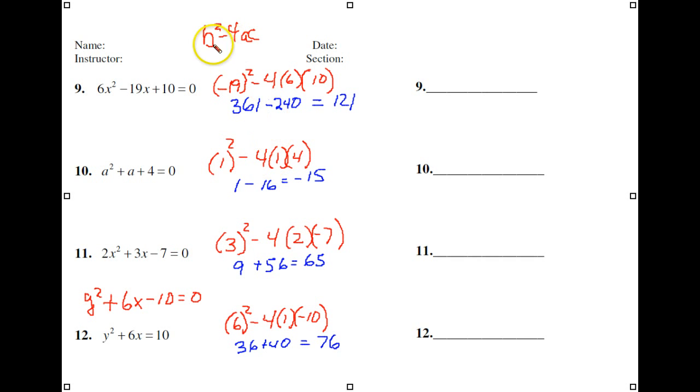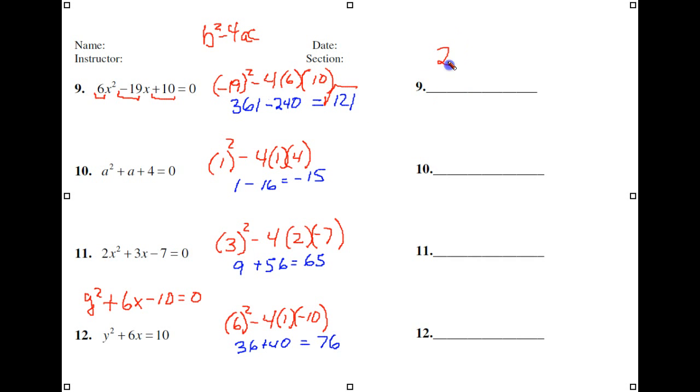And the pattern is to look at the discriminant and then carefully substitute from your formula in standard form. There's your b, there's your a, and there's your c. And here we end up with a perfect square under the radical.